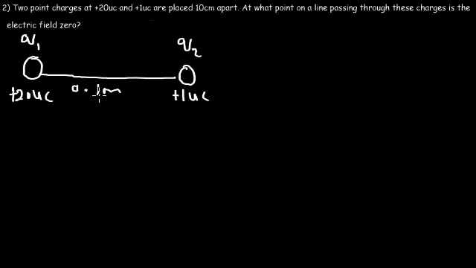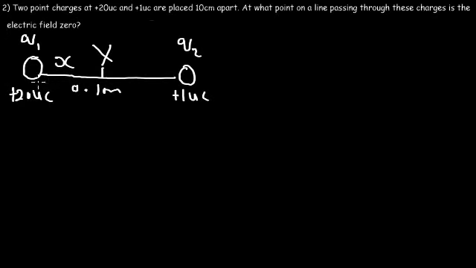So I need a random point, but this point must be the point at which the net electric field equals 0. So what I'm going to take note of is that the summation of the electric field acting on that point due to both charges has to equal 0. So assuming this is the point, and by the way, you can select any point, I'm going to denote this point with an uppercase X. Therefore, the distance between Q1 and the point X will be lowercase x.